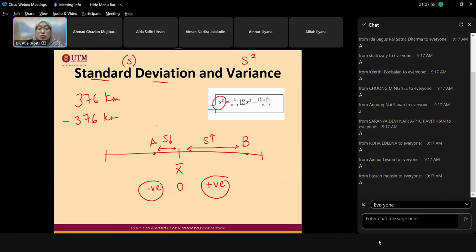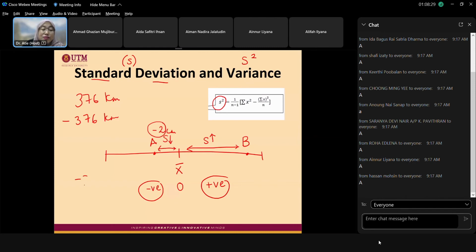So in order to avoid the answer being negative, that's the reason we need to square it. For example, if the distance of A here is 2 centimeters, negative because it's on the left side, to avoid this negative number I can square it.